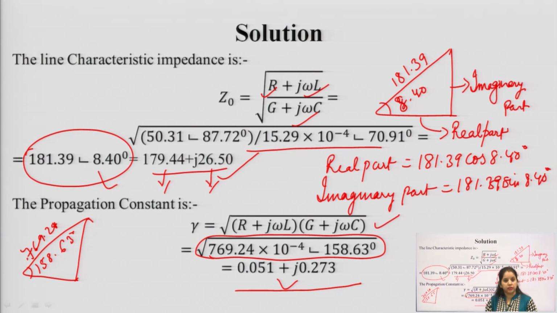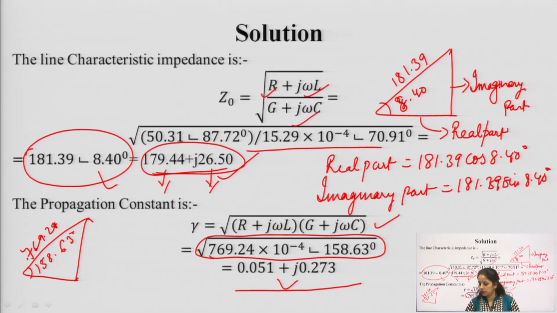So, always try to write the answer in terms of the real and the imaginary part, not in the form of an angle. Even if you write the answer in the form of an angle, you will get marks, but it is better to write it in the form of real and imaginary components.